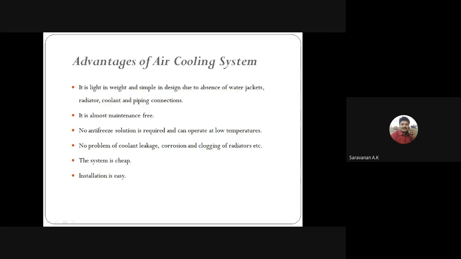So the maintenance cost is also very small. If we compare a car and a bike engine, which one needs maintenance?